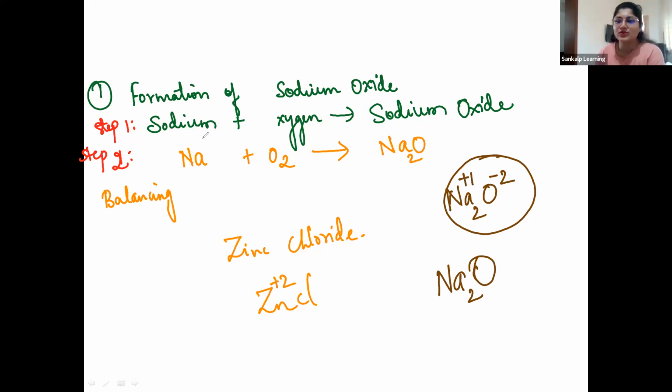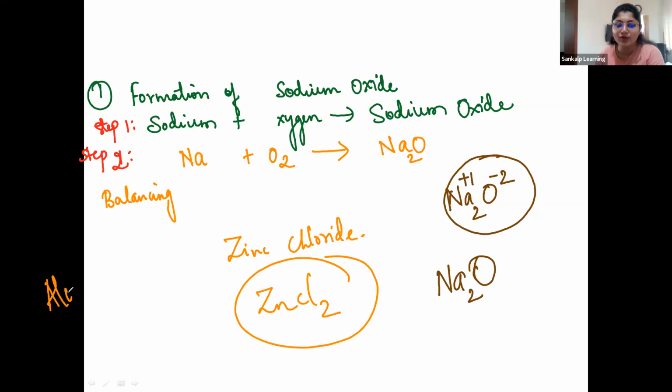Zinc is +2, chlorine is -1. So how many atoms do I require of chlorine to make -2? -2 into 1 is... so this will be 2. So what will be the formula for zinc chloride? ZnCl2. Yes. And the equation was balanced.